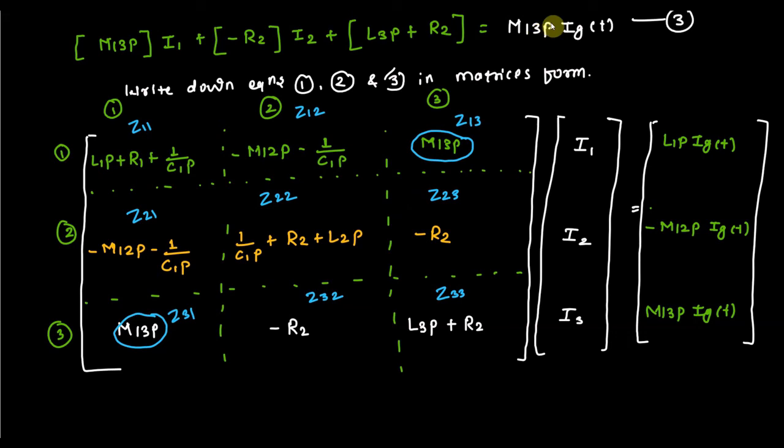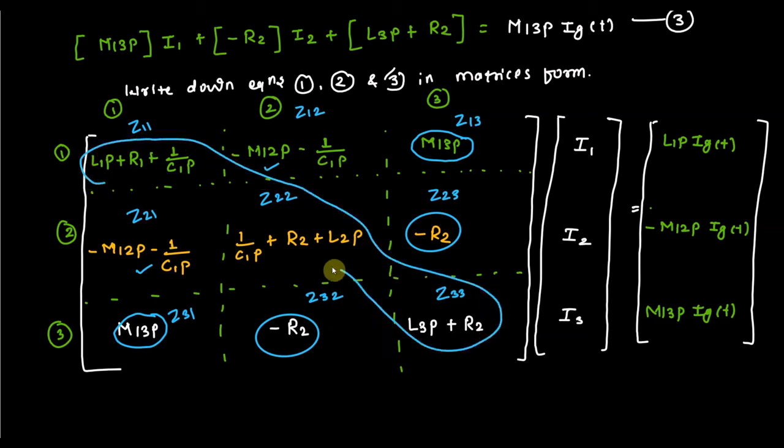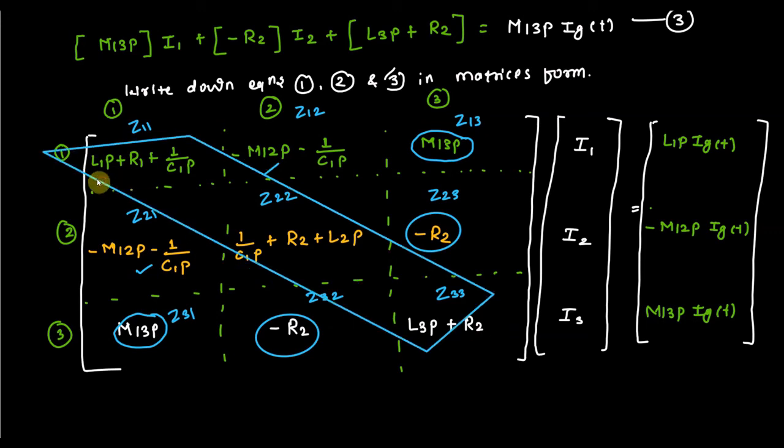So the answer is correct. Similarly, Z23 and Z32 both are same. Similarly, this term and this term are also same. So these are the verification, and I have already told you that these are called the diagonal elements, which are always positive.